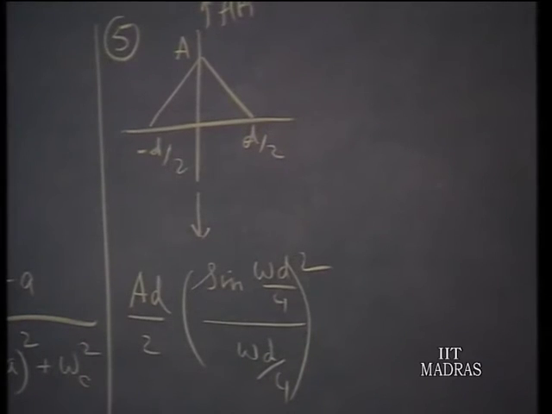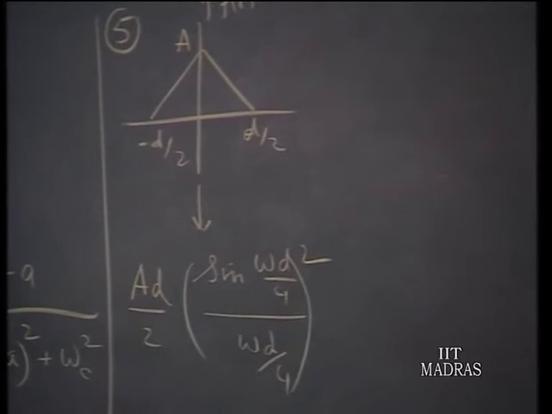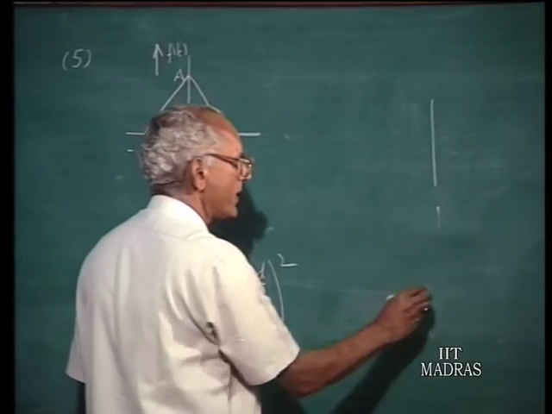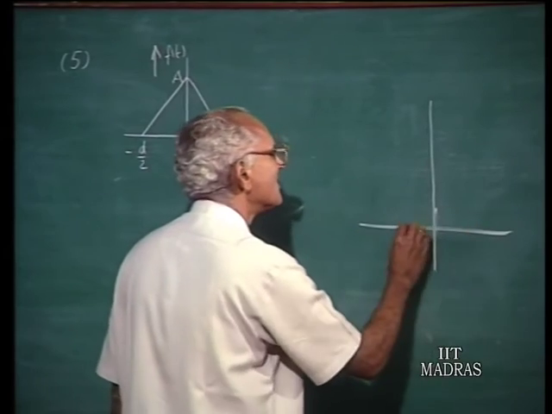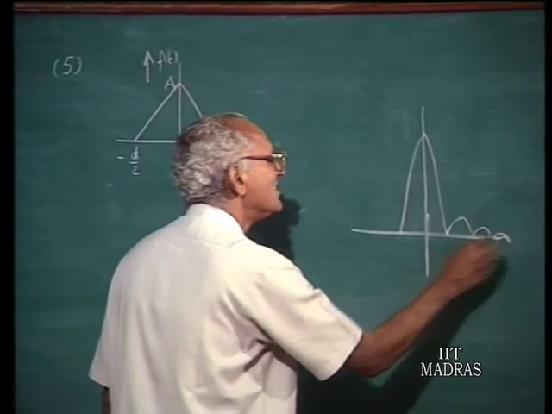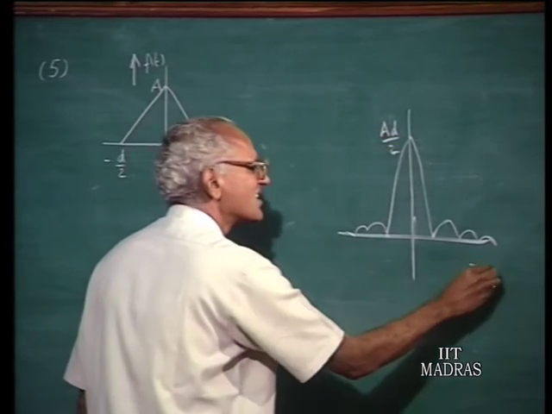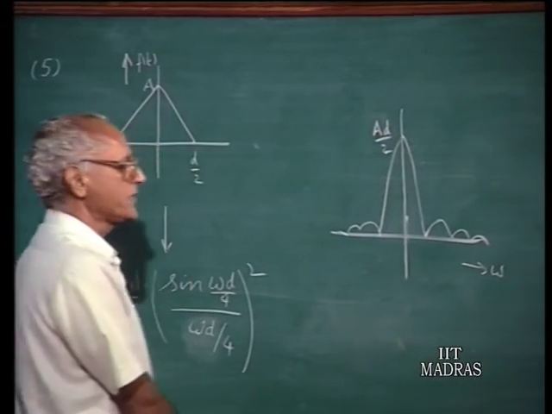So, this is something like sin theta by theta type of arrangement, but squared. That means the decay is faster. So, the spectrum for this would be like this, and this I will leave it for you as an exercise to show.